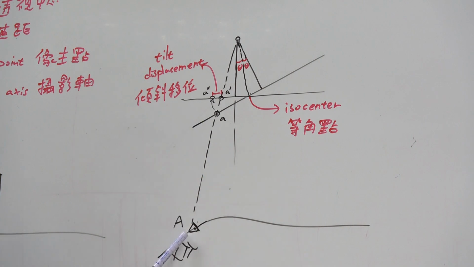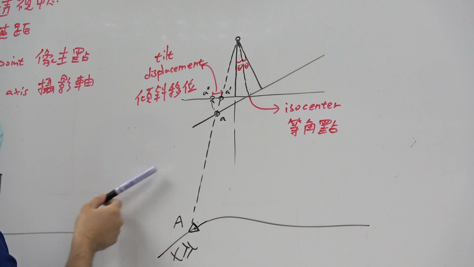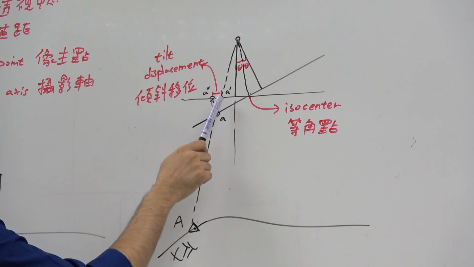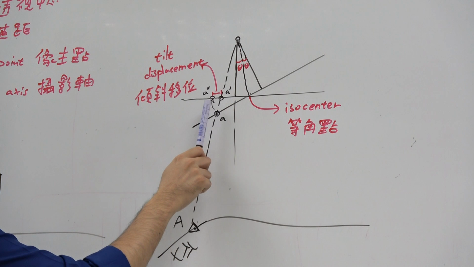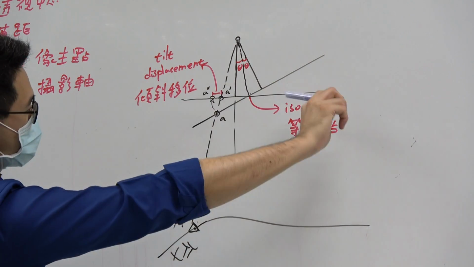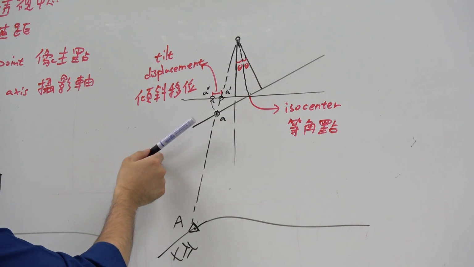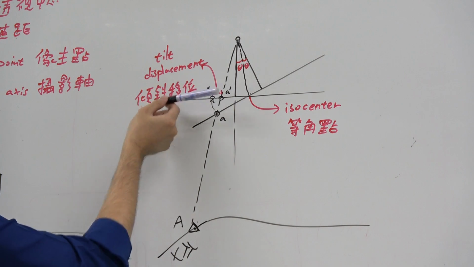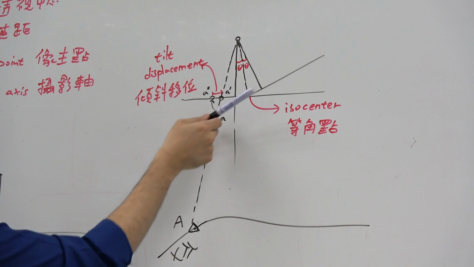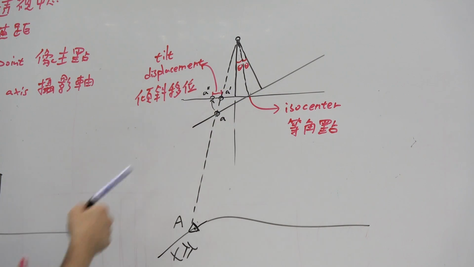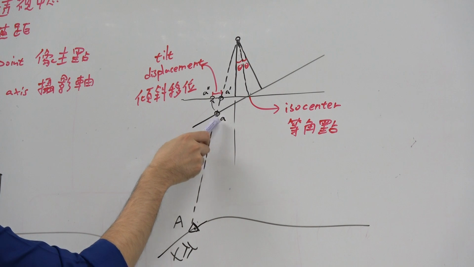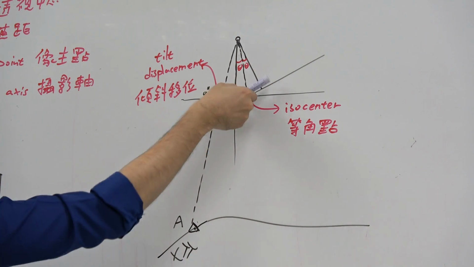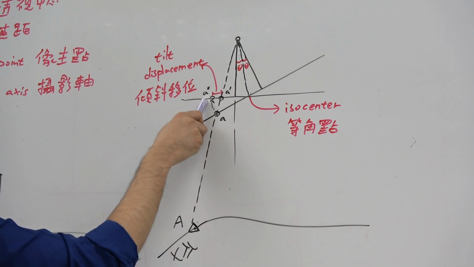You have the object space point A, and if we project this A point to the vertical photo or tilt photo, it will appear at a and a prime. If we rotate the tilt photo directly to the vertical photo, then point A will appear at a double prime.